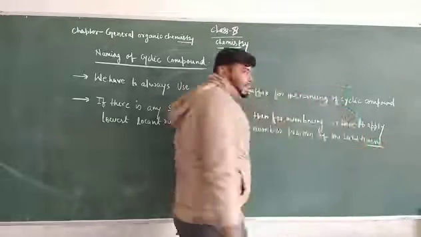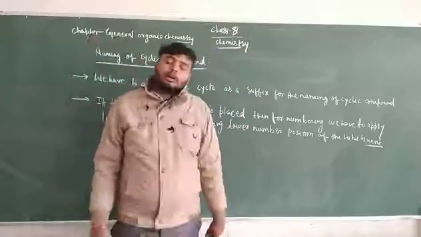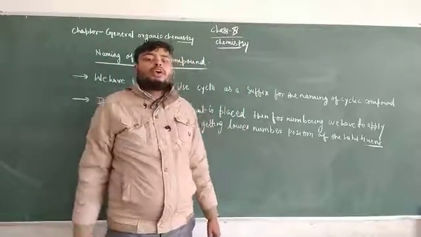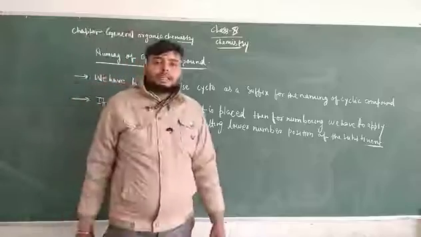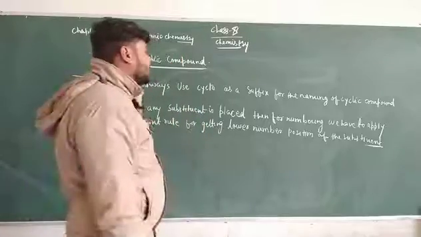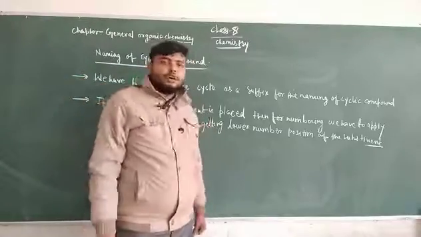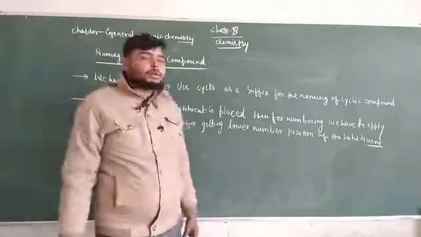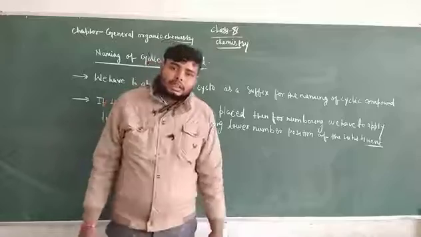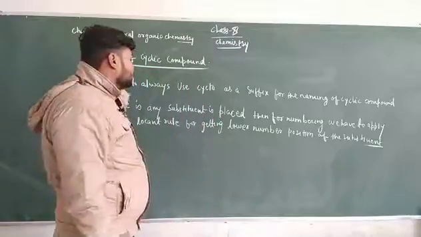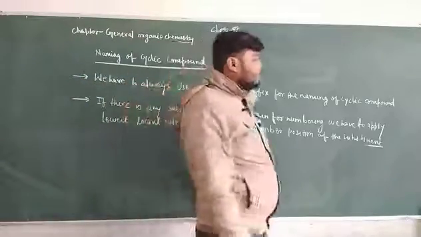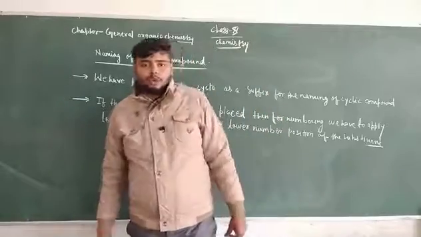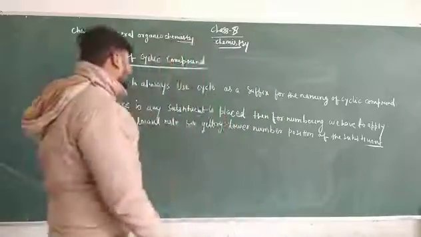Just like straight chain formation, for naming of cyclic compounds we have to use the prefix cyclo before the name, and if any substituent is attached to the structure, you have to use the lowest locant rule for numbering that compound.